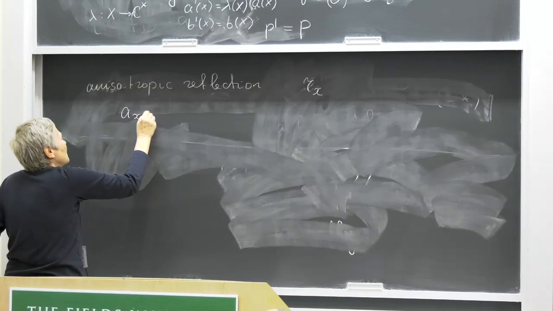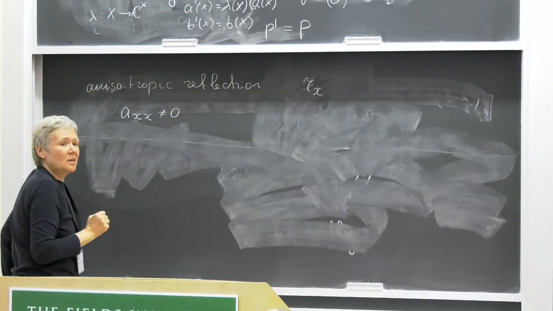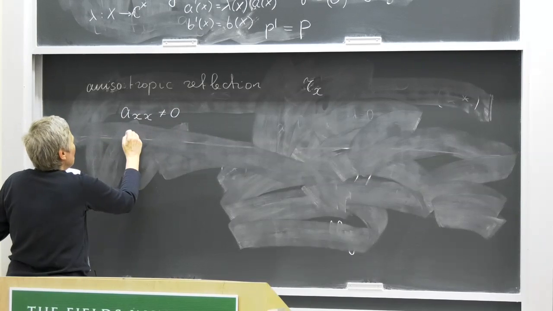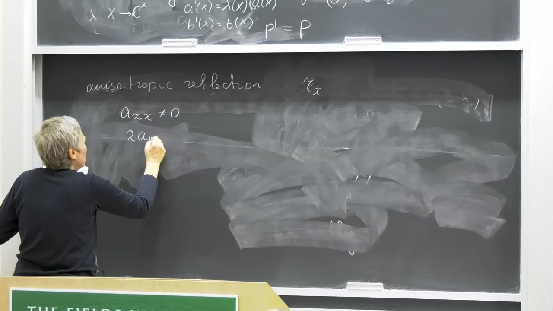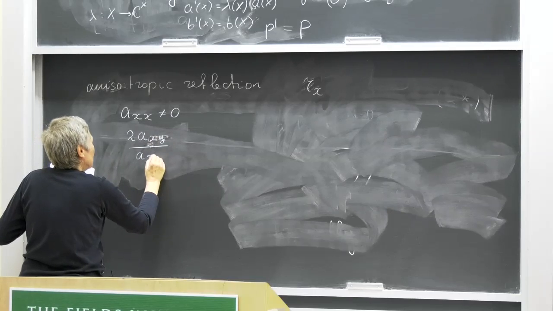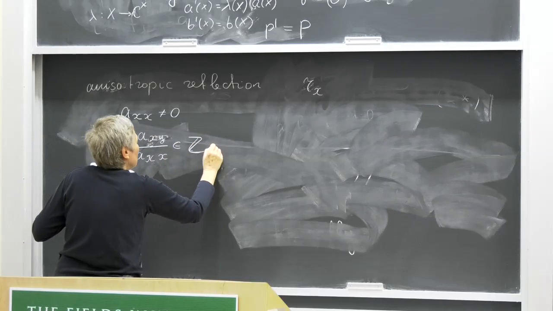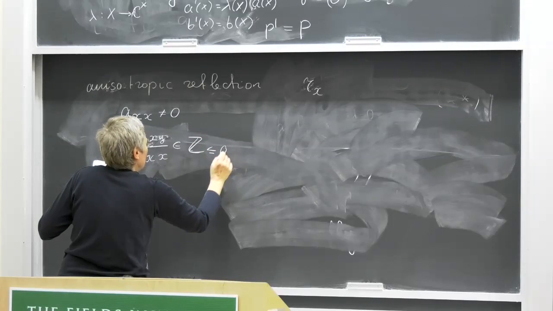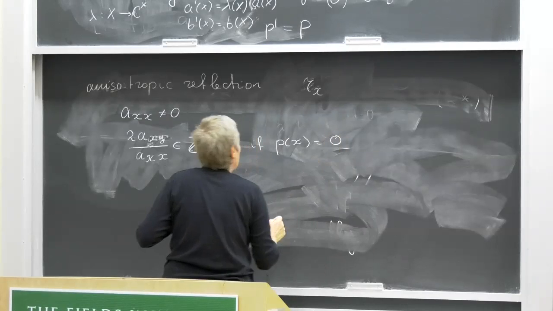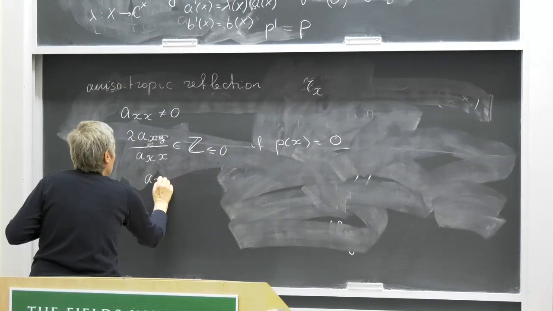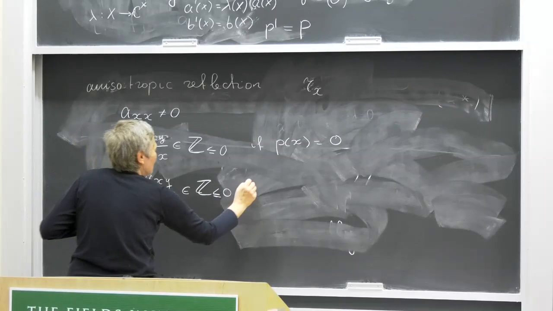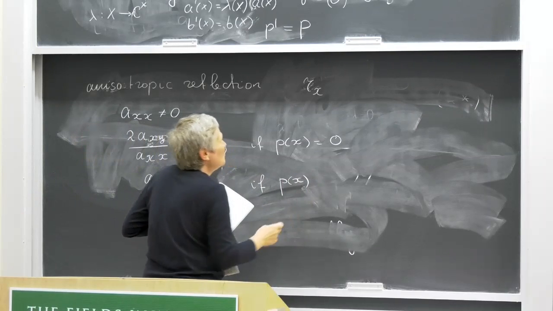It happens if A of X X is not 0, and we need the condition that A X Y, sorry, excuse me, A X X, is a negative integer if P of X is 0, this is the parity of the generator. So some indices are not reflectable.